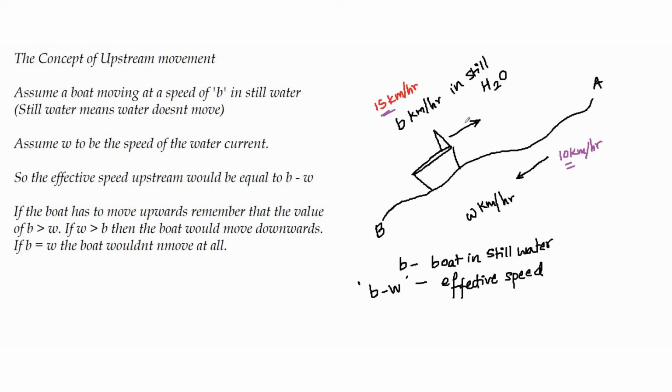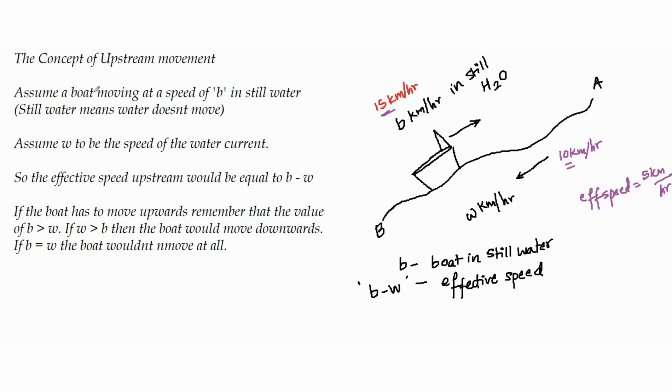So while it is moving 15 kilometers upwards, the boat is moved 10 kilometers downwards, because the water current is flowing at 10 kilometers per hour. And therefore, the effective speed of the boat is going to be 15 minus 10, that is 5 kilometers per hour, right? So every hour it is going to move only 5 kilometers.